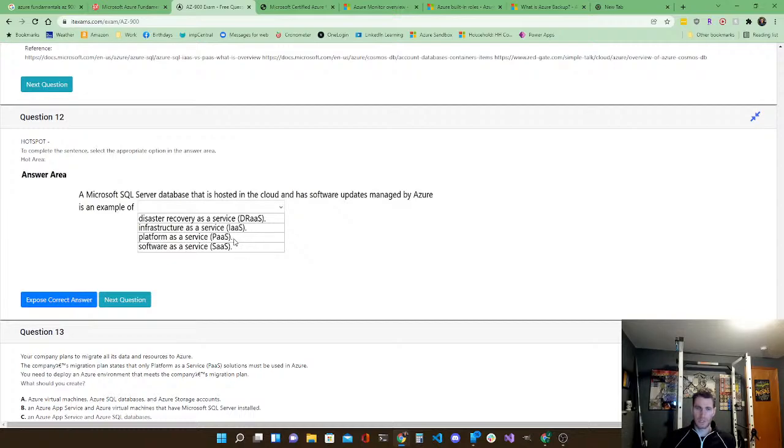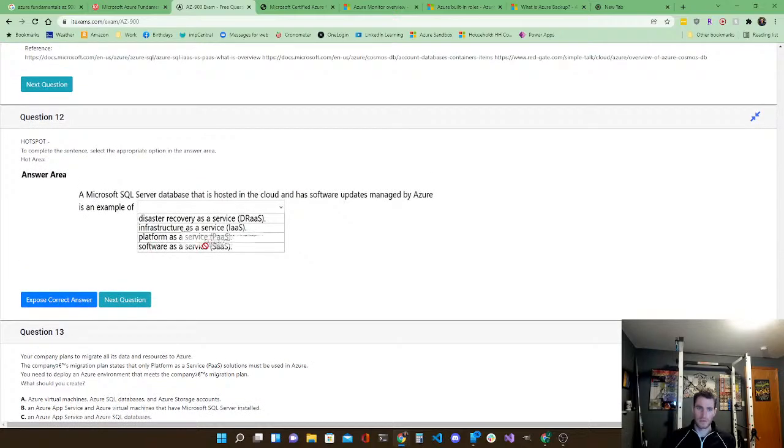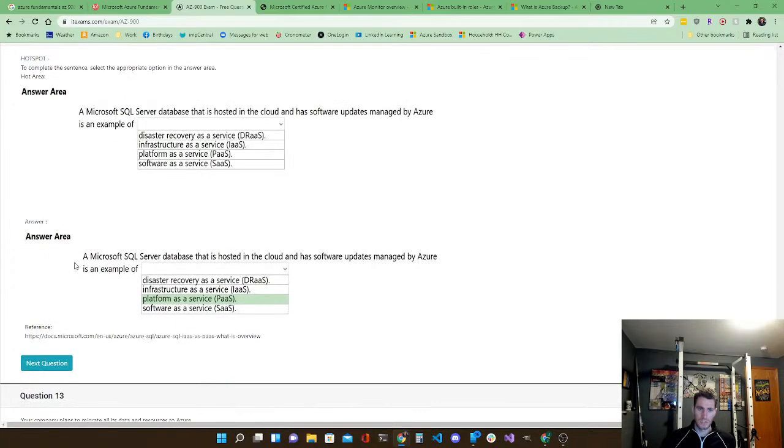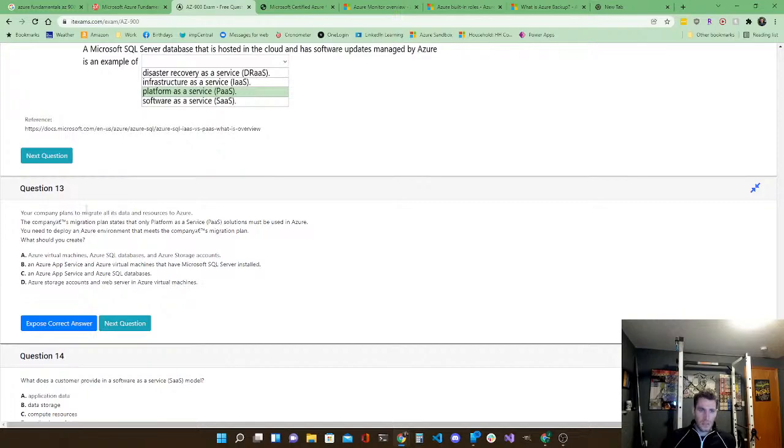Yeah, I think with all platform as a service, the updates are managed by Azure. Maybe you can choose your updates. So we're talking about choosing updates for software as a service. So yeah, platform.